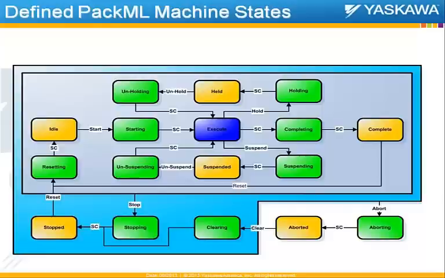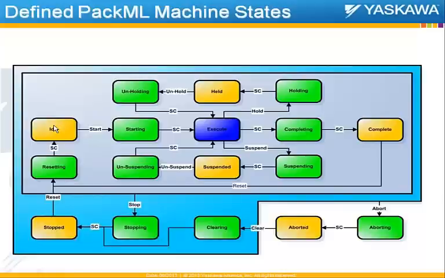The orange ones are known as wait states. So these are states where the machine is essentially sitting there waiting for some transition out of it. Like for example, you might be sitting in the stop state. It requires a transition called reset to move on and do something until that state is complete, and then it sits in the next wait state.